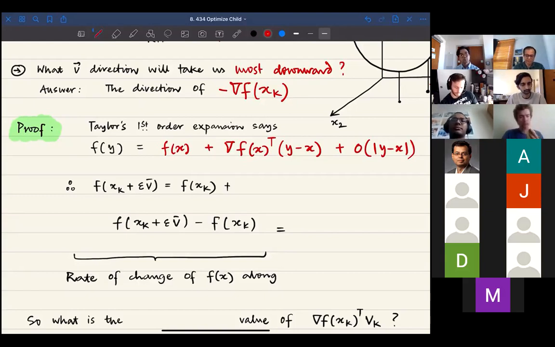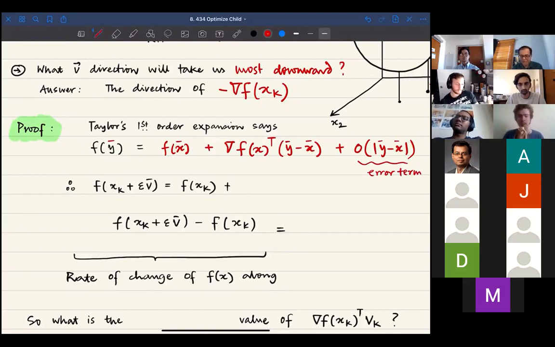This is a vector, right? These are all vectors. This is often called an error term. This is Taylor's expansion.